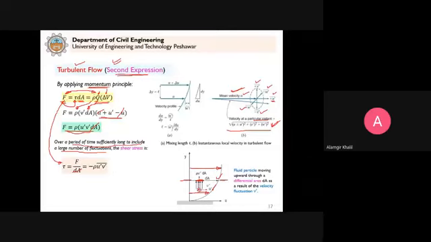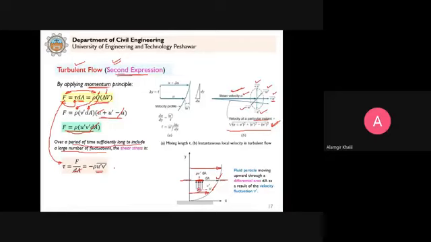Clear? I will explain from where this negative sign comes. But for the time being, this expression for the shear stress reduces to rho into u dash v dash with a bar, the average.